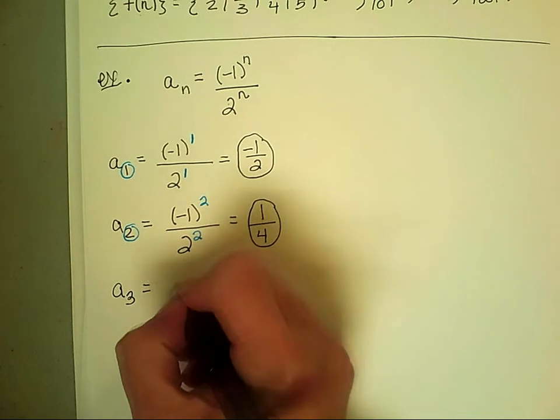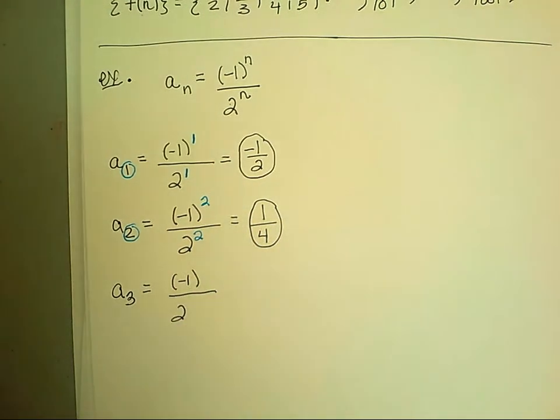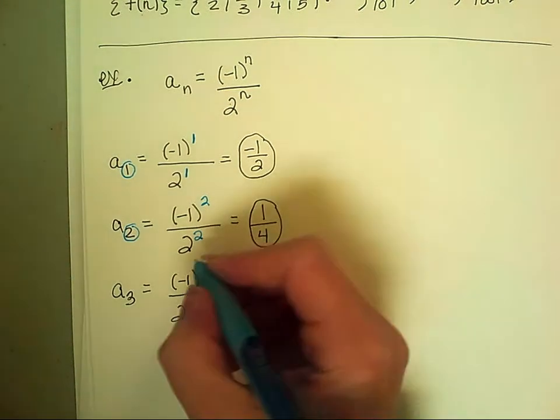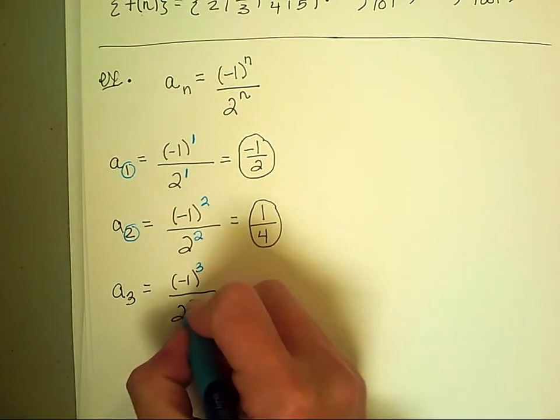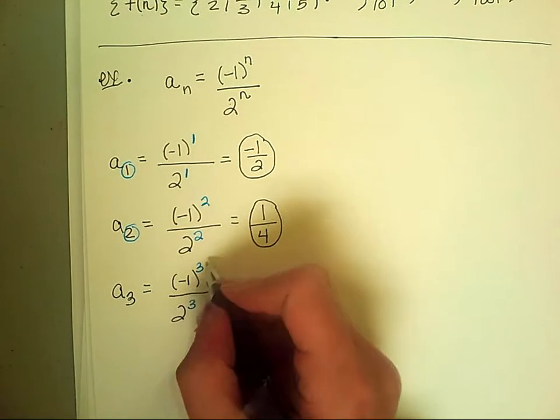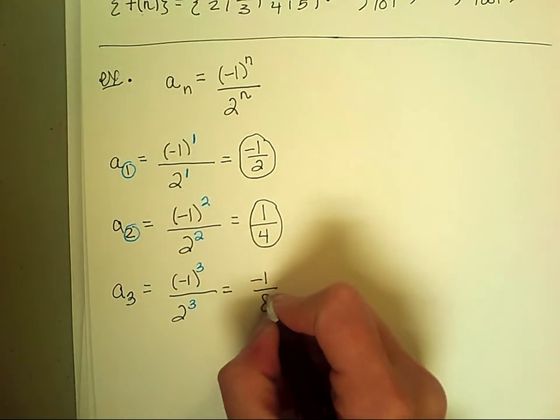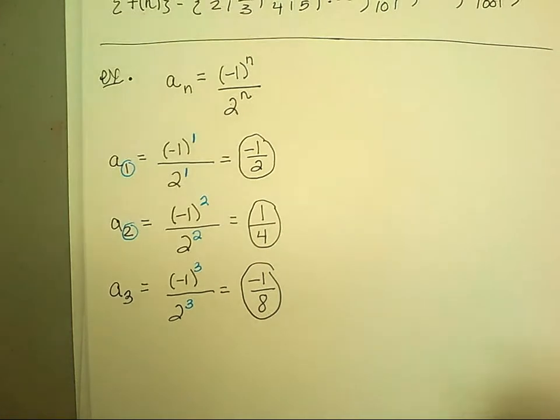A sub 3, and we'll just continue in this manner, negative 1 to the n over 2 to the n, and in this case, n is 3. So when we simplify this, we get negative 1 cubed, which is negative 1, over 2 cubed, which is 8. So a sub 3 is negative 1/8.